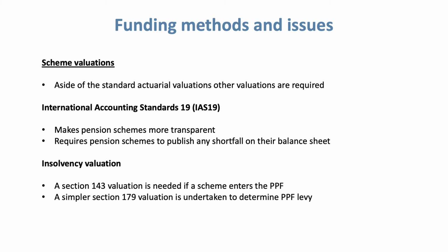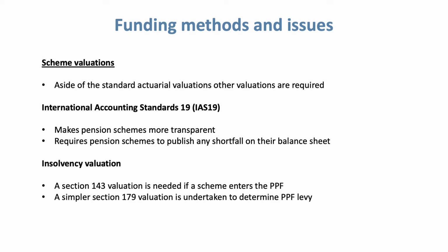Years ago, these pension shortfalls were not transparent. They were hidden, and lots of shareholders would buy shares in companies unaware of impending doom with the pension fund sitting behind it.